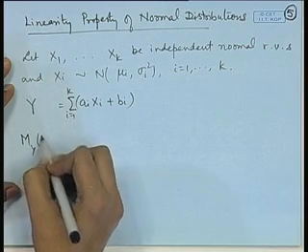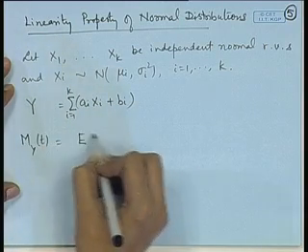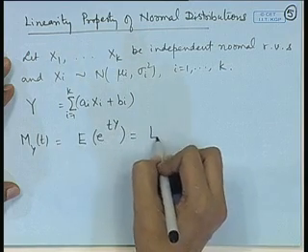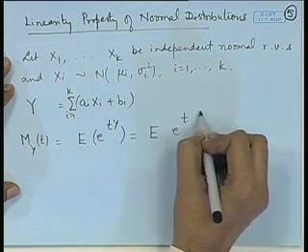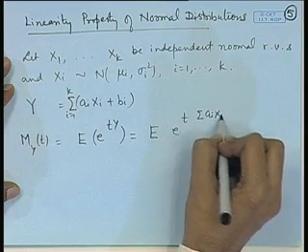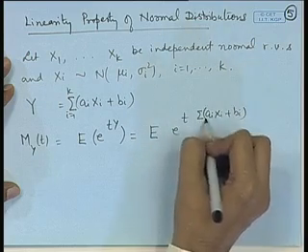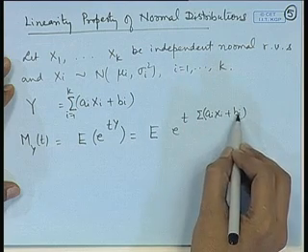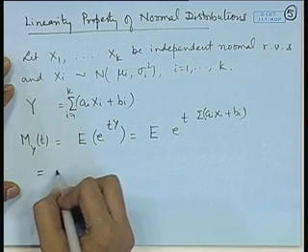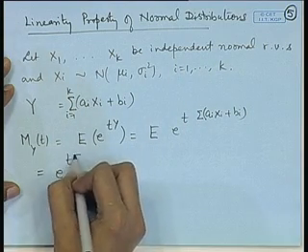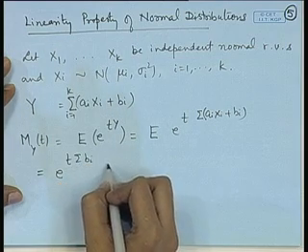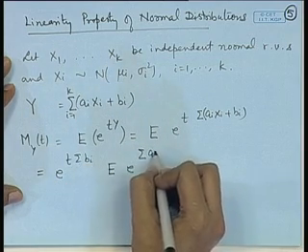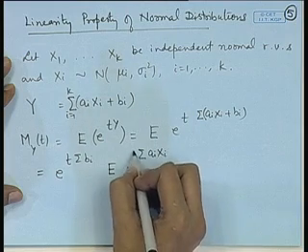So, MY(t) is equal to expectation of e to the power tY, that is expectation of e to the power t sigma (ai Xi plus bi). Here e to the power t sigma bi can be kept out. So, it is e to the power t sigma bi, and then we have expectation of e to the power sigma ai Xi t.